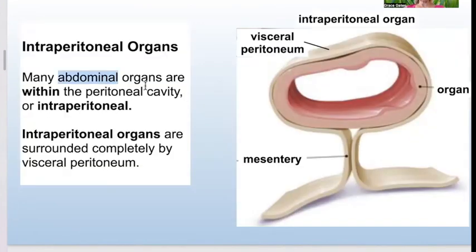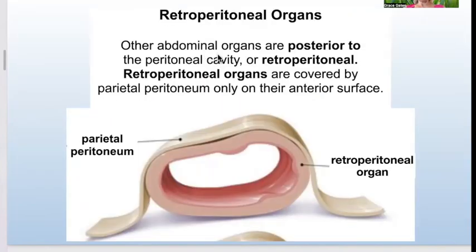Okay, intraperitoneal versus retroperitoneal organs and mesenteries. So many abdominal organs are within the peritoneal cavity, or intraperitoneal. Intraperitoneal organs are surrounded completely by visceral peritoneum. Other abdominal organs are posterior to the peritoneal cavity, or retroperitoneal. Retroperitoneal organs are covered by parietal peritoneum only on their anterior surface.